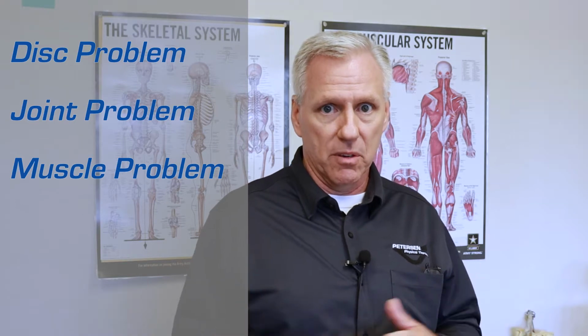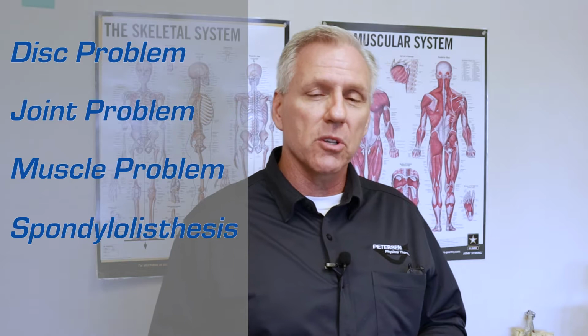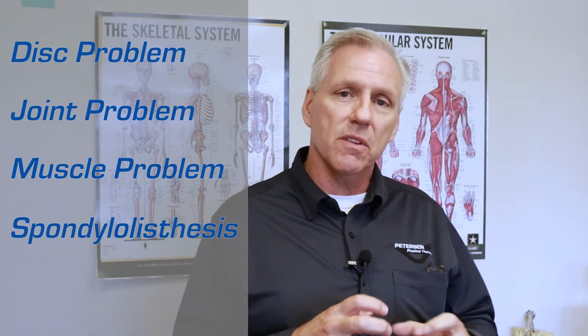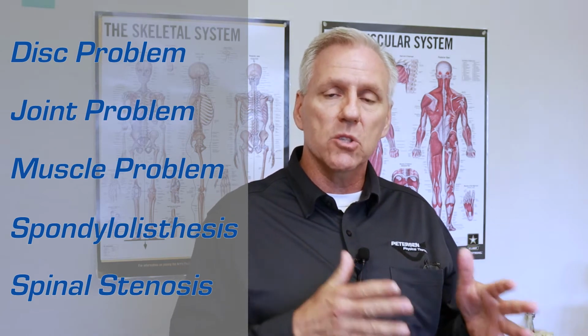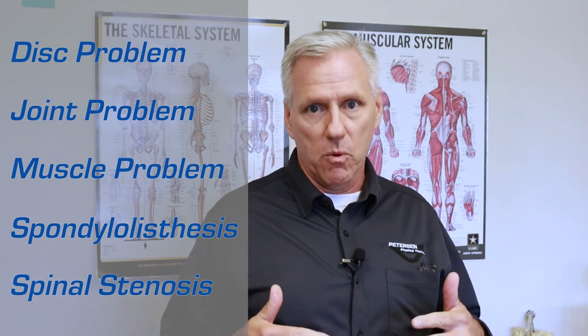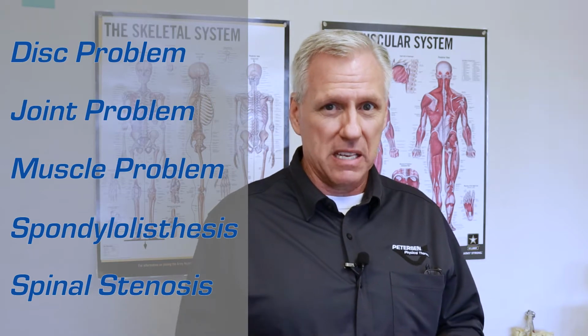Many of you might have heard of the term Piriformis Syndrome. A condition called Spondylolisthesis, which is a slippage of the vertebra, and then spinal stenosis. So we're going to go through each one of those and talk about ways to determine whether or not you might have that.